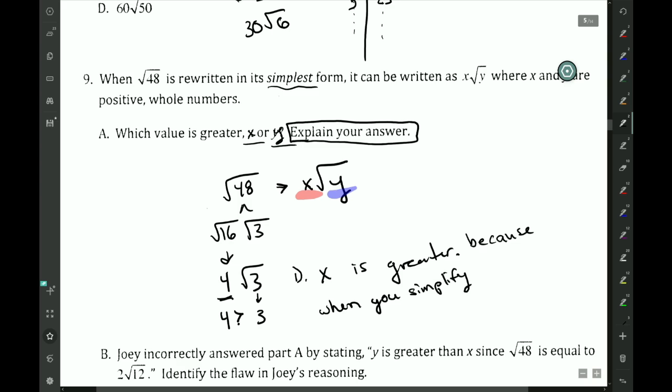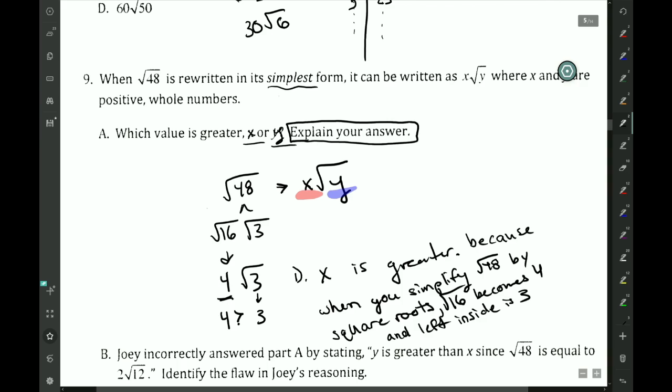So when you simplify the square root of 48 by taking square roots, 16 becomes 4, and left inside is 3. Something like that. You wouldn't have to be verbatim, but try and discuss what operation you use. So what operation, square rooting and simplifying, basically.